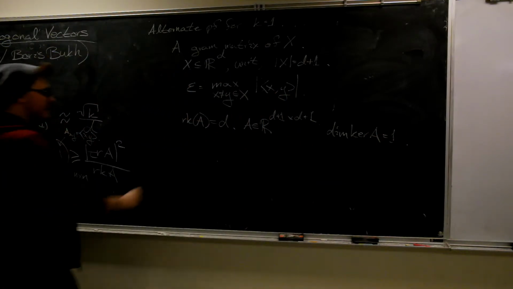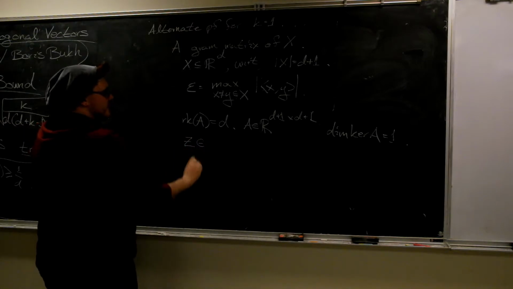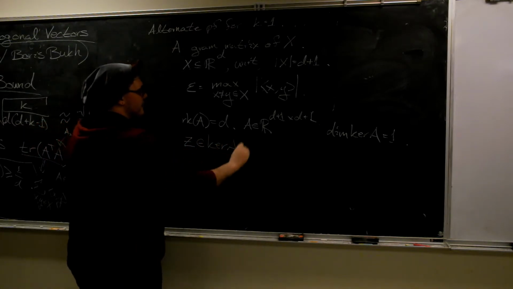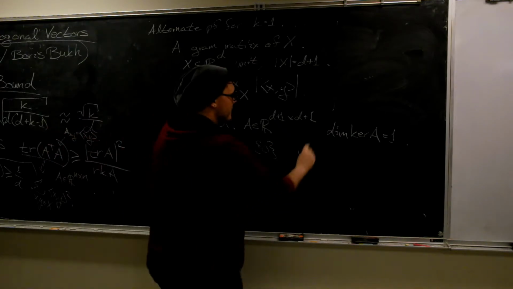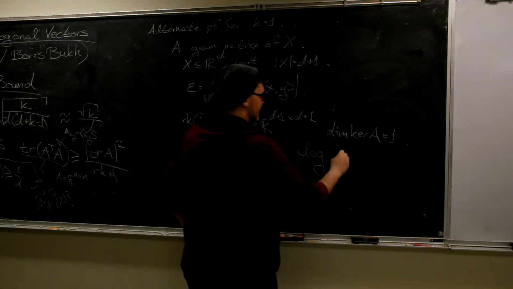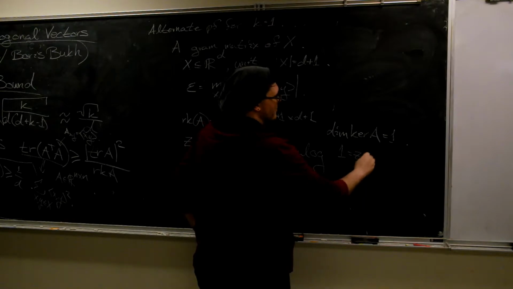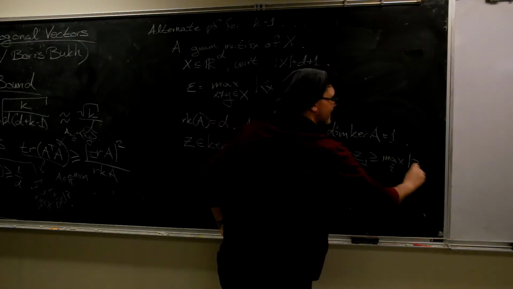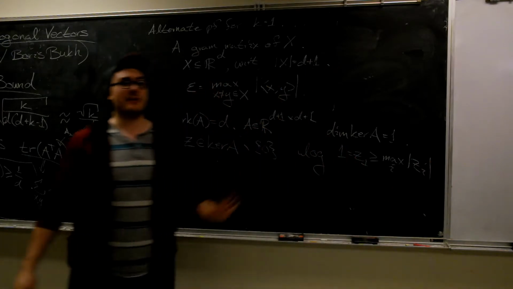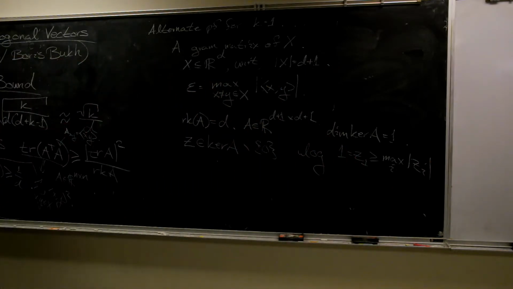So let's pick Z in the kernel of A, but not 0. And without loss of generality, let's say that Z1 is 1, and that's bigger than or equal to the maximum of all other components. Let's just assume that the first component is the biggest, and it's 1.